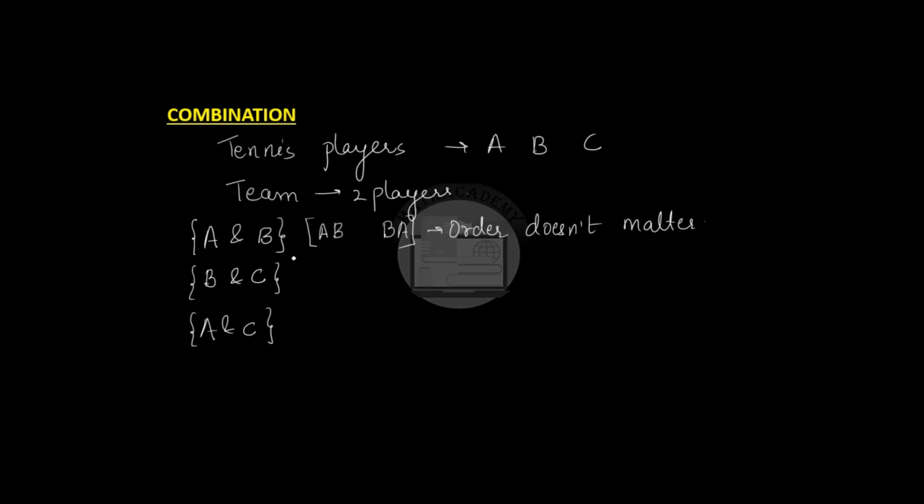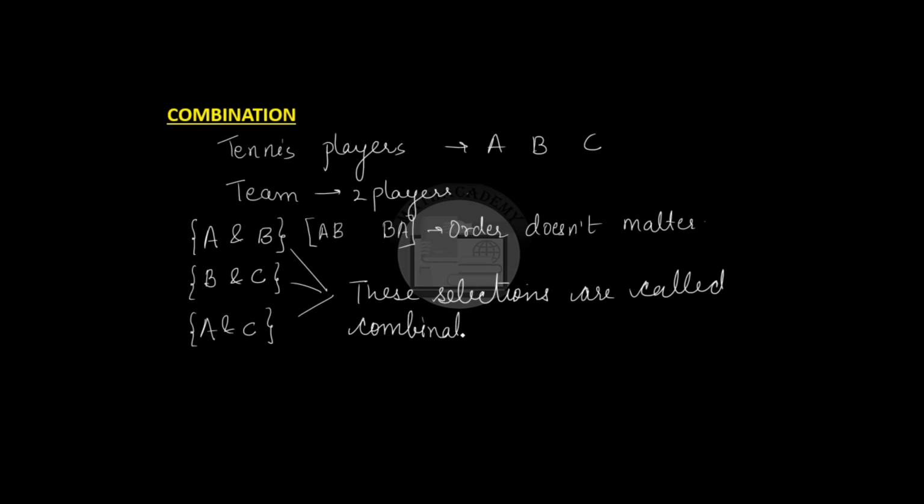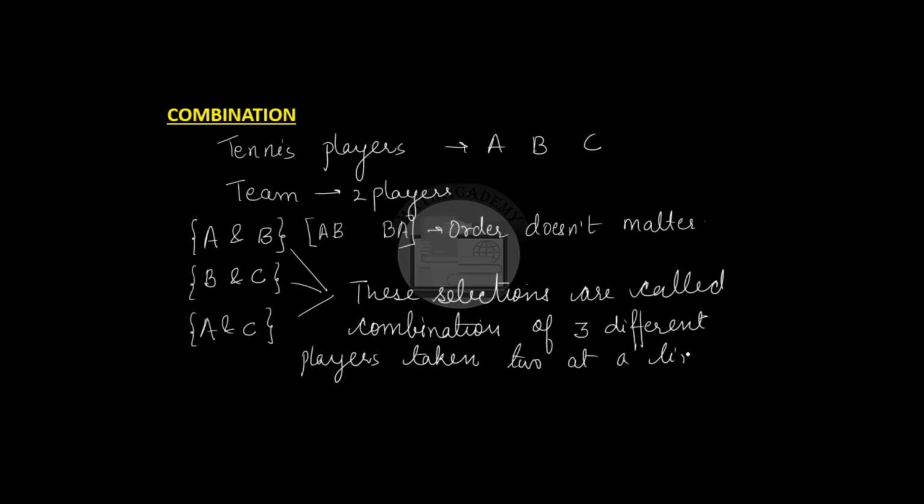And these selections are called combinations of three different objects, or three different players, taken two at a time. So what are we doing here?